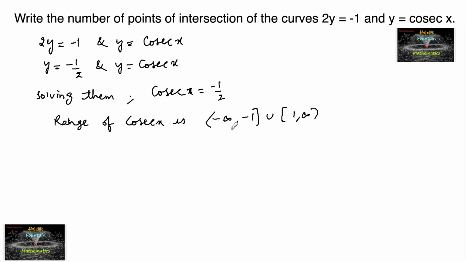So only in minus infinity to minus 1 and 1 to infinity will cosecant x lie, but cosecant x is equal to minus 1 by 2 is not possible. Hence we can say there is no point of intersection. Hence 2y is equal to minus 1 and y is equal to cosecant x will not intersect.